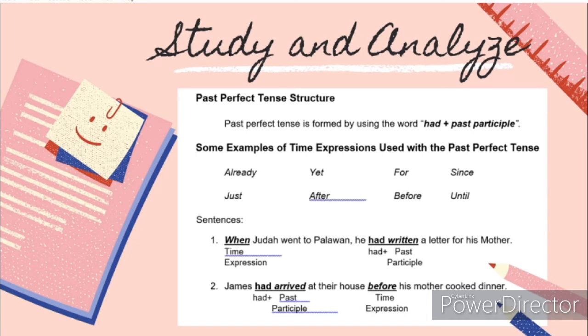This sentence also explains that the mother cooked dinner after James arrived at their house. So this action happened before another past action. That is what past perfect tense is all about.